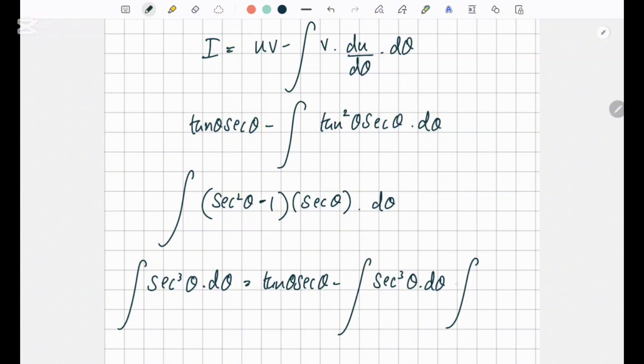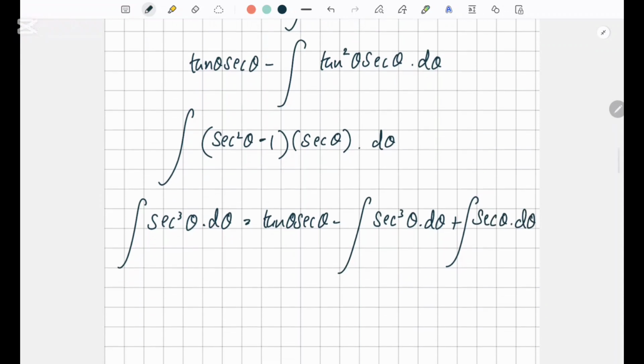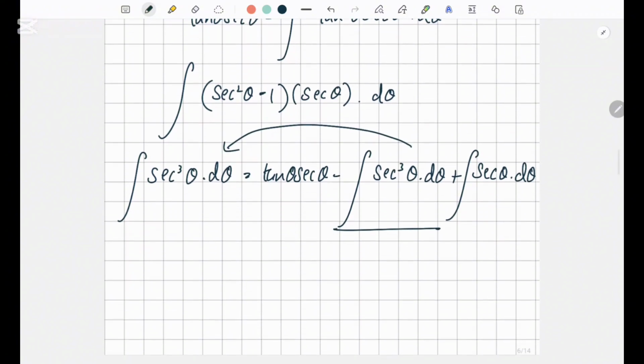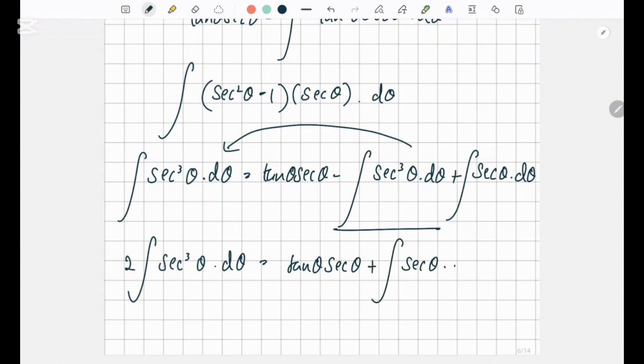So this becomes plus the integration of sec theta d theta. Now this term right here, you can take it on the left side, right? So that would be 2 times the integration of sec cube theta d theta equals tan theta sec theta plus the integration of sec theta.